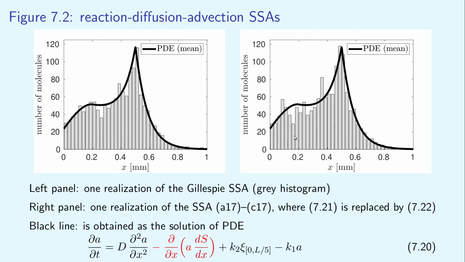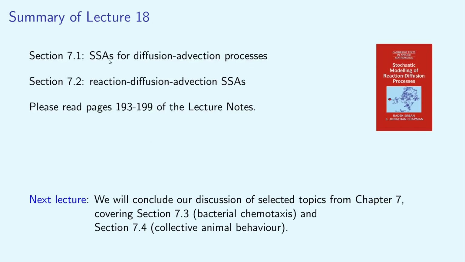by the molecular-based model. This brings me to the end of lecture 18, where we have discussed section 7.1 covering stochastic simulation algorithms for diffusion advection processes and section 7.2 covering reaction-diffusion advection stochastic simulation algorithms.